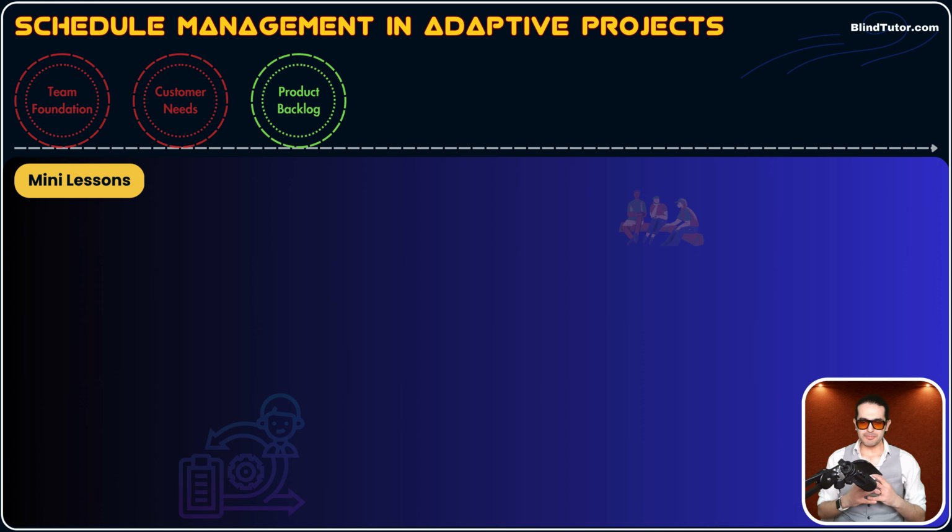Let's assume our team's velocity is completing 20 story points per sprint. The total project is 1,000 story points and our team's velocity is 20 story points. What does it mean? It means this project takes 1,000 divided by 20, so 50 sprints to be completed. Okay, we need 50 sprints.